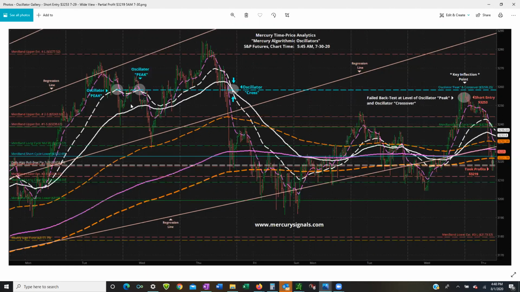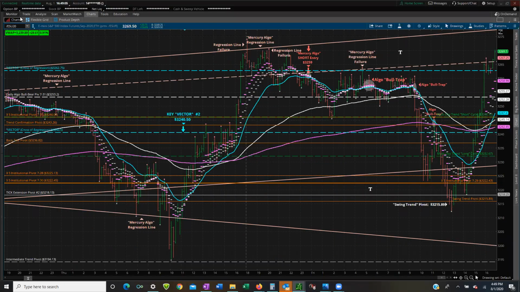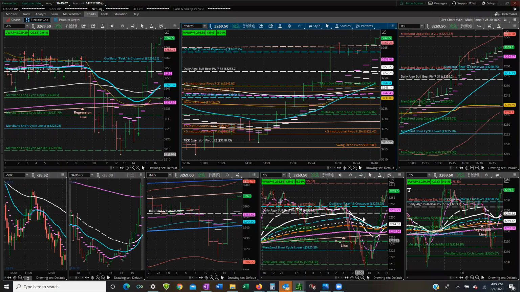These algos are so sophisticated, you can literally trade off third and fourth derivatives. So this is an example of the oscillators that are available. We put a couple of oscillators on the main live chart. This is the 12-minute day trading cycle.